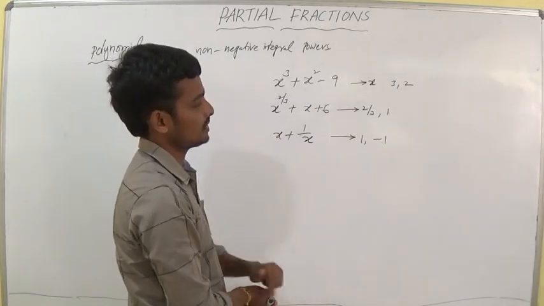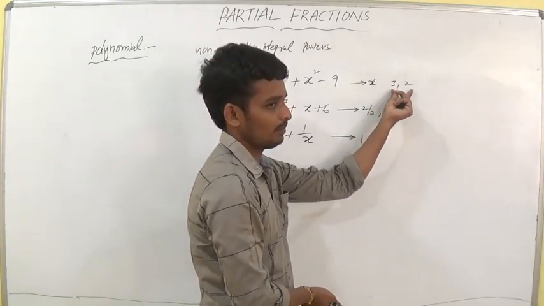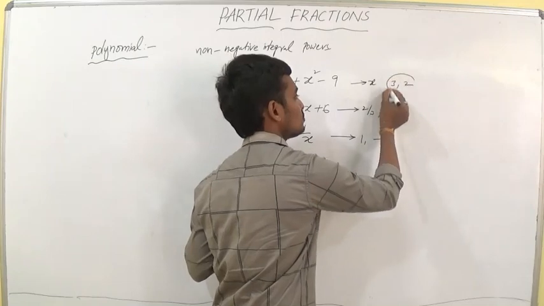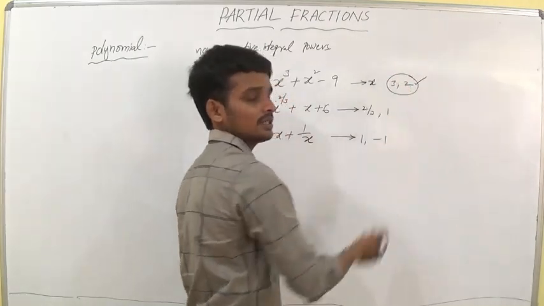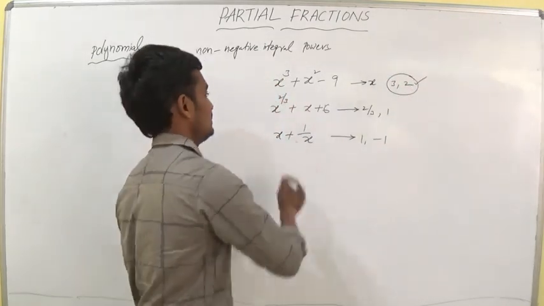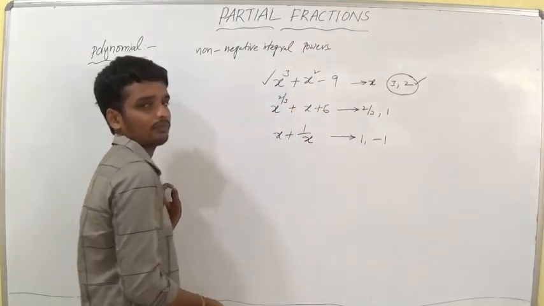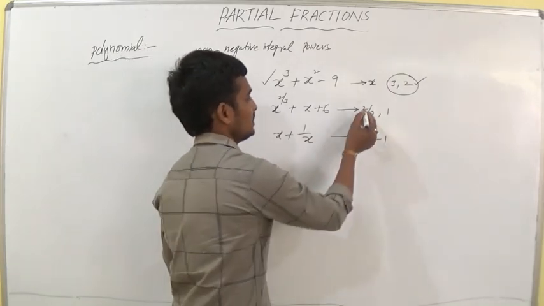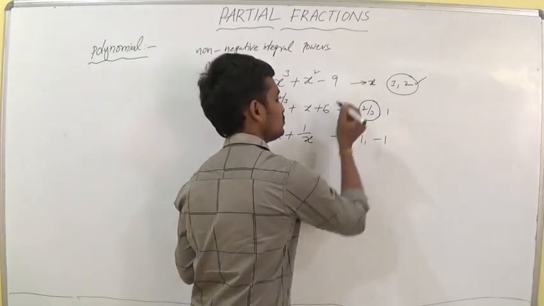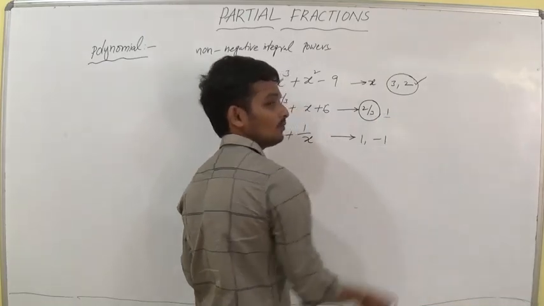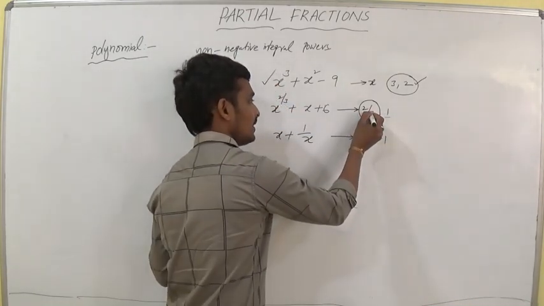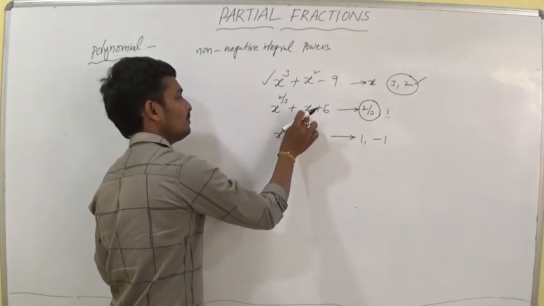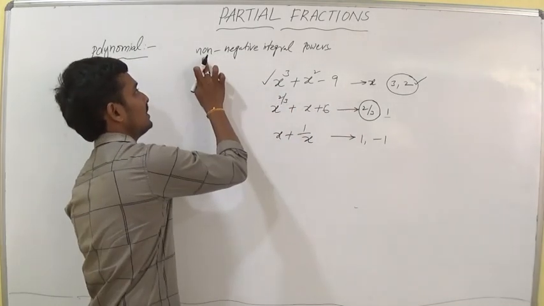In these three examples, observe the powers. Powers means exponents of variables. Here 3 and 2 are both positive numbers and integers, so this is a polynomial. Coming to the second example, the power of x here is 2 by 3 and here is 1. We are defining a polynomial as having variables with non-negative integral powers.